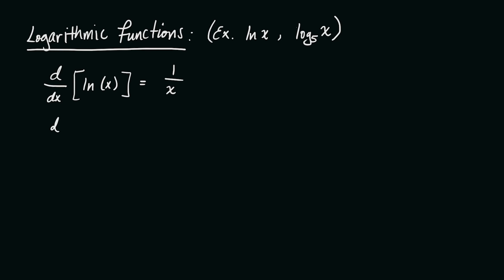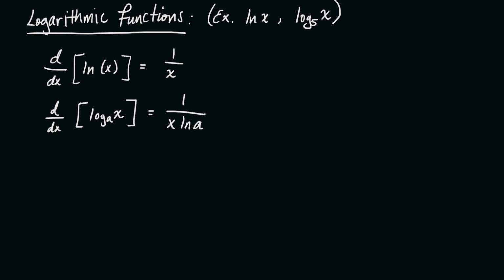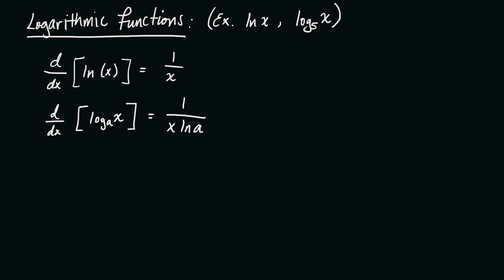Now the derivative of, let's say, log base a of x equals 1 over x ln of a. So make sure that you don't forget that it's different with these two functions, even though they might look the same.